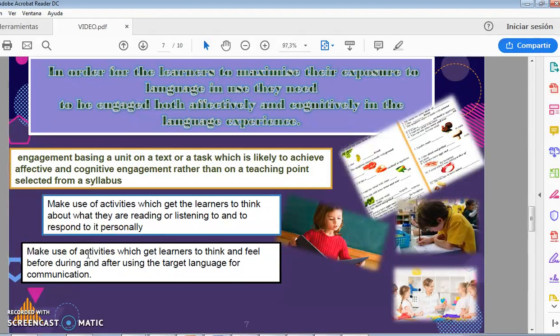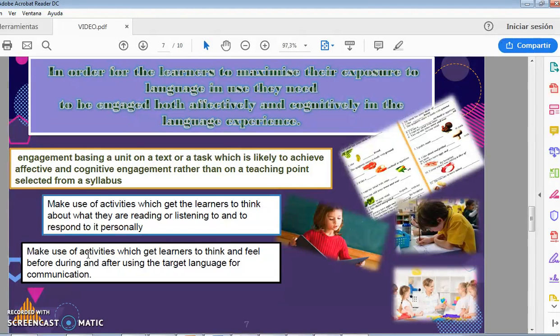An engagement-based unit on a text or a task is likely to exhibit affective and cognitive engagement rather than a teaching point selected from a syllabus.